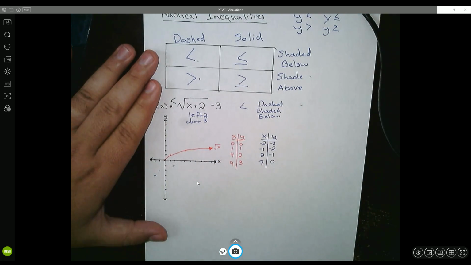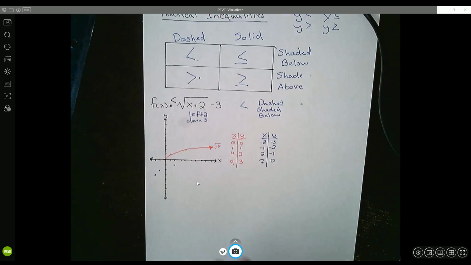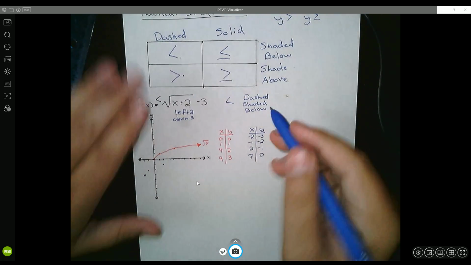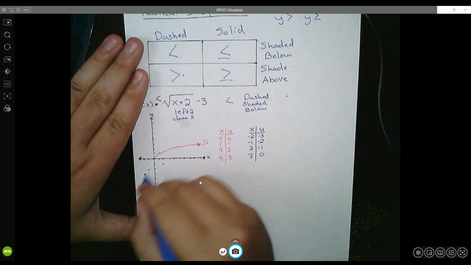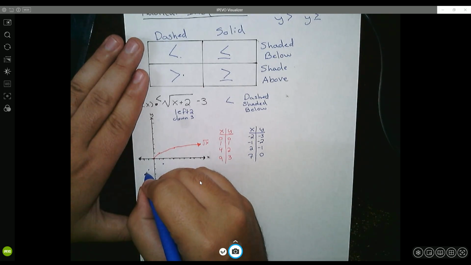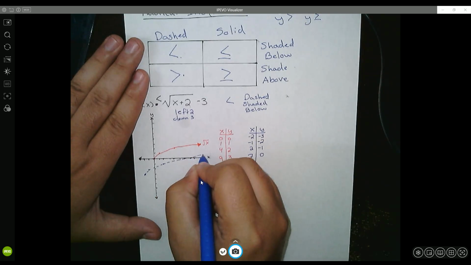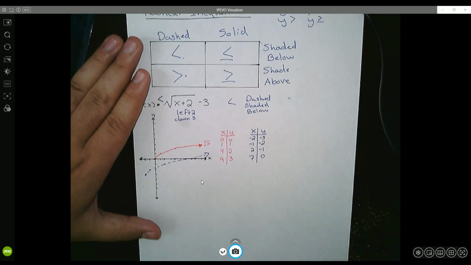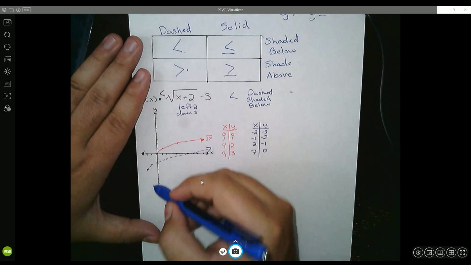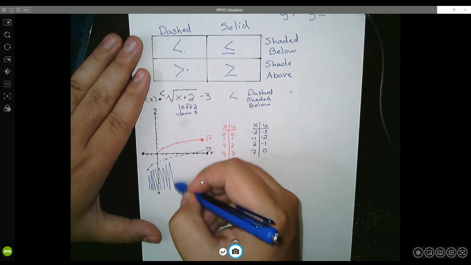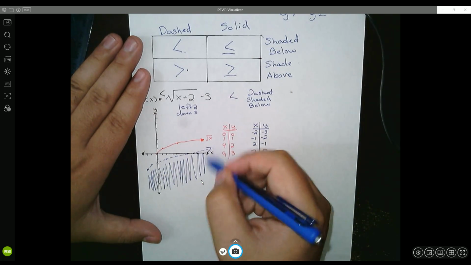And now we have our points graphed, but we cannot forget that we stated that this function has to be dashed and shaded below. So we don't need a solid line, we need a dashed line. It should look something like that with shading below.